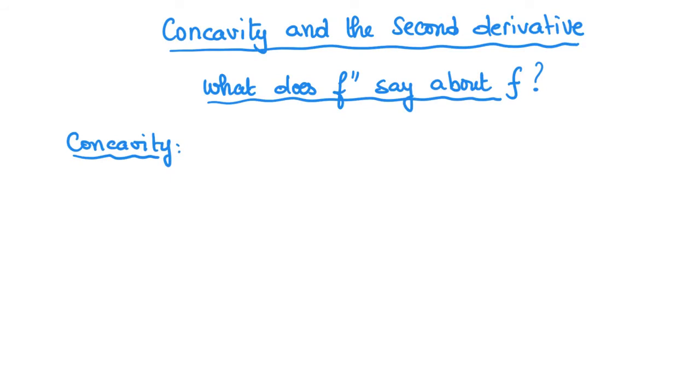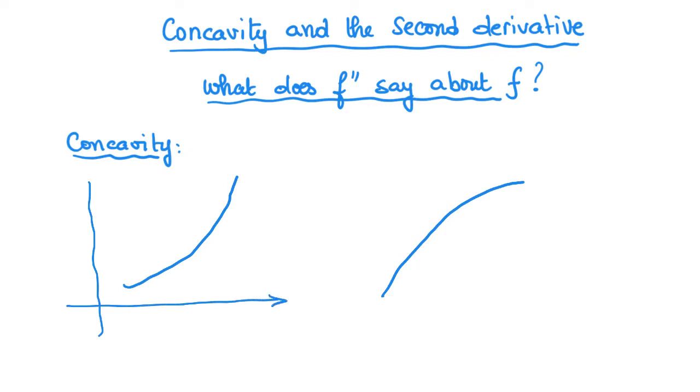Now consider the following two graphs. This function here, which is a graph like this, and another graph which is like this. So these are actually two functions which are both increasing, but they're increasing in a slightly different way.